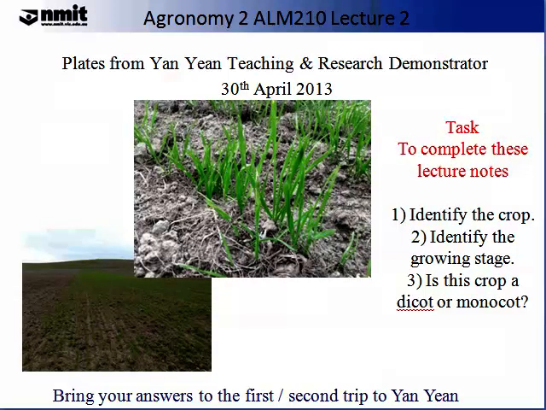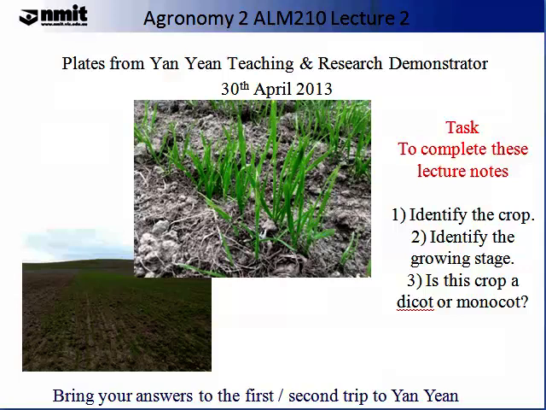Here is the second crop I'd like you to try and identify. On the left hand side is a picture taken from far away showing the crop strip. On the right hand side is a close-up of this particular crop. There are 3 tasks I'd like you to complete. Task 1, identify the crop. Task 2, identify the growing stage. And task 3, can you tell me if this crop is a dicot or a monocot?